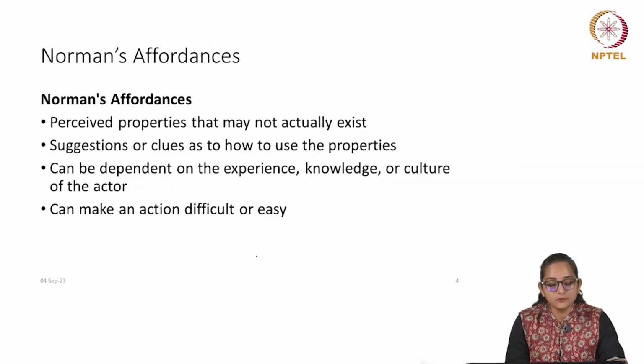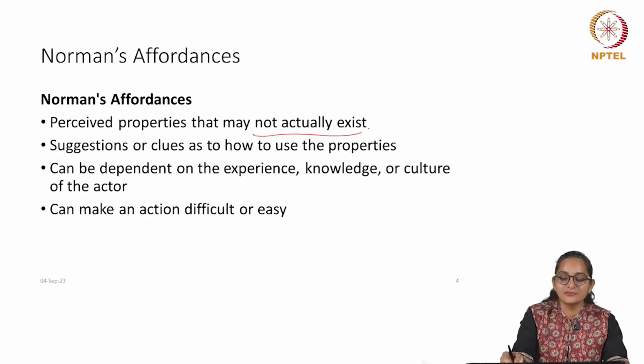So, Norman's affordances actually mean perceived properties that may not actually exist, right. What it means is that affordances are properties which are visible or perceivable by the user, but may or may not actually exist.